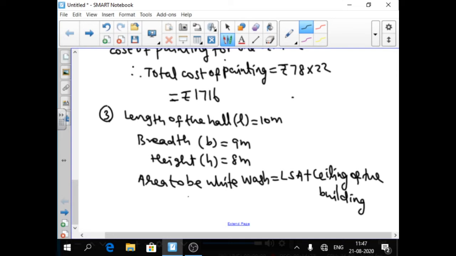So lateral surface area is equal to 2 times of (length plus breadth) into height plus ceiling of the building, which means length into breadth, squared units.